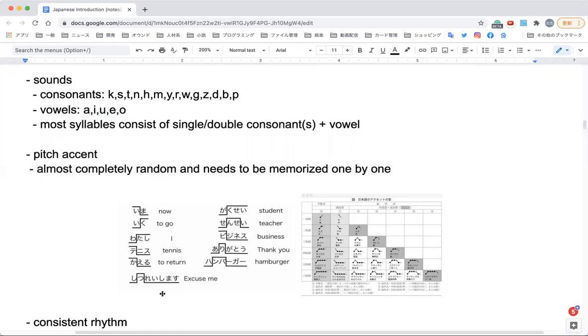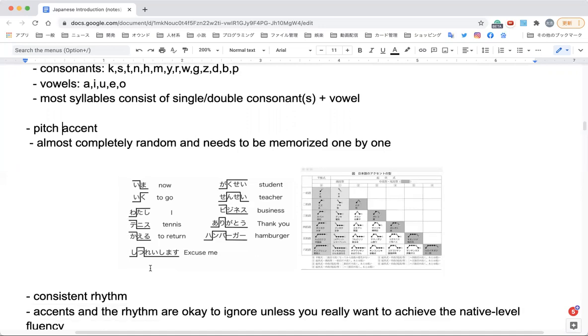Basically, you need to memorize the accent pattern word by word, just like in English, pretty much. There are some rules, but those rules are not really generally applicable. So you need to memorize each word's accent pattern.